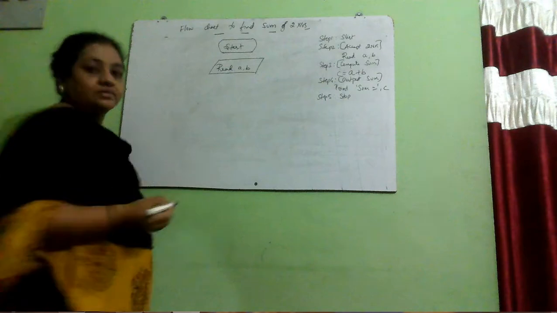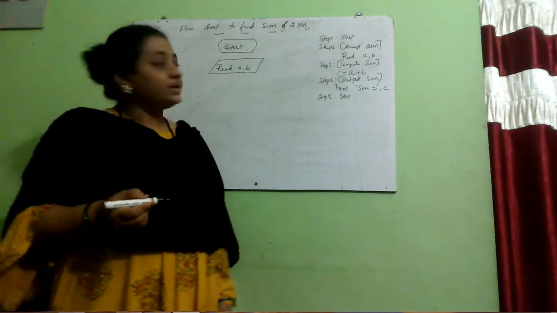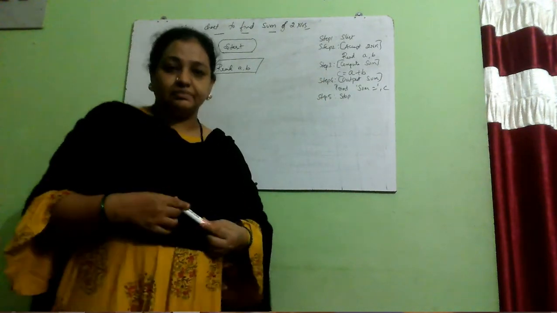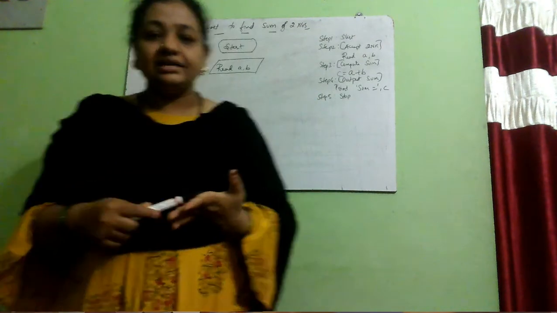Step 2 is accept two numbers, input A and B. Accept or input, both are the same. So I told you accept, input, read. All this represents the input operation.